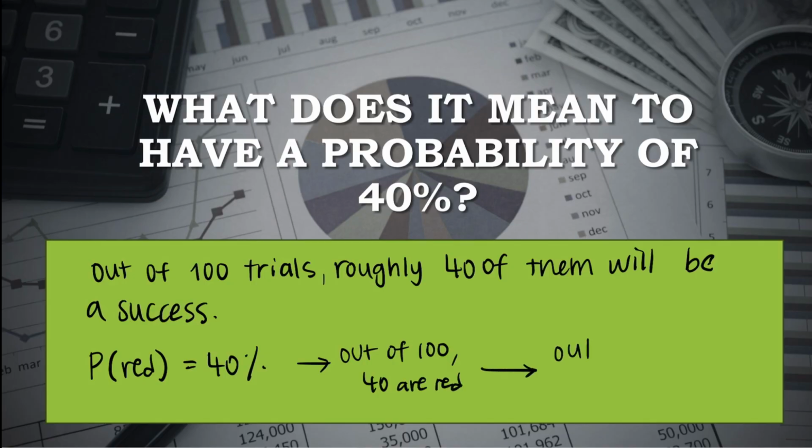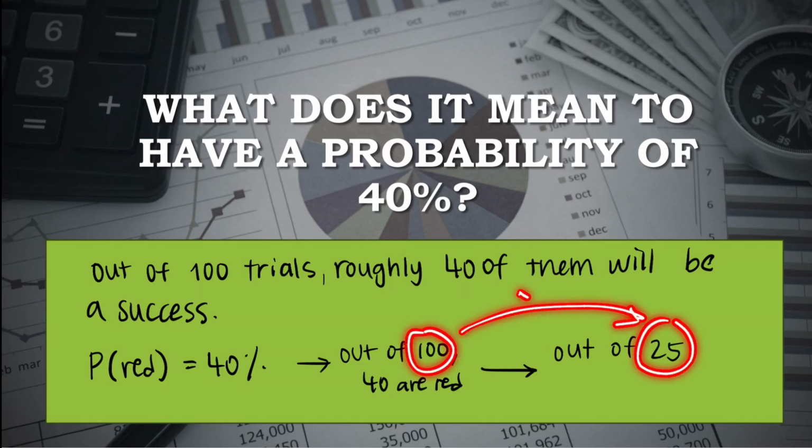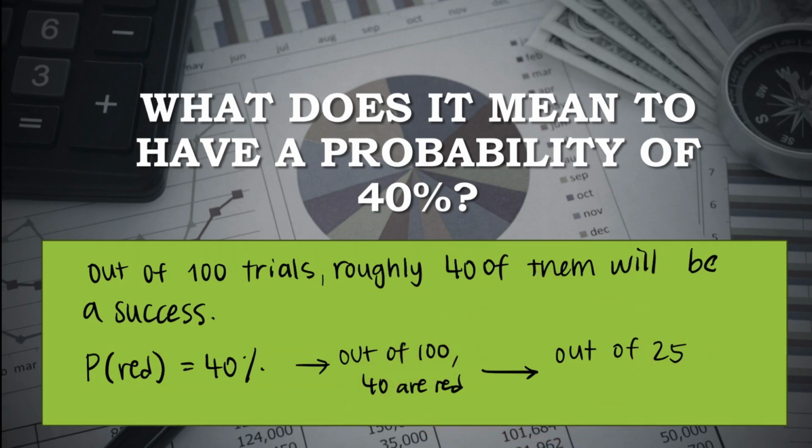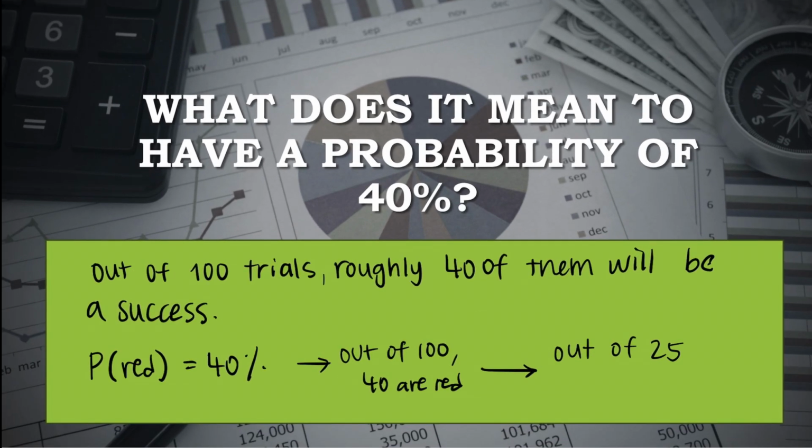So like, let's say I'm actually just looking at 25. 25 is 1/4 of that. So if I was to multiply 40 by 1/4, I would have 10. You have to keep the ratio the same. You have to keep that percentage the same. But that's basically what it means. It basically means that no matter what you do, the ratio will be 40 to 100, or whatever the percentage is to 100.